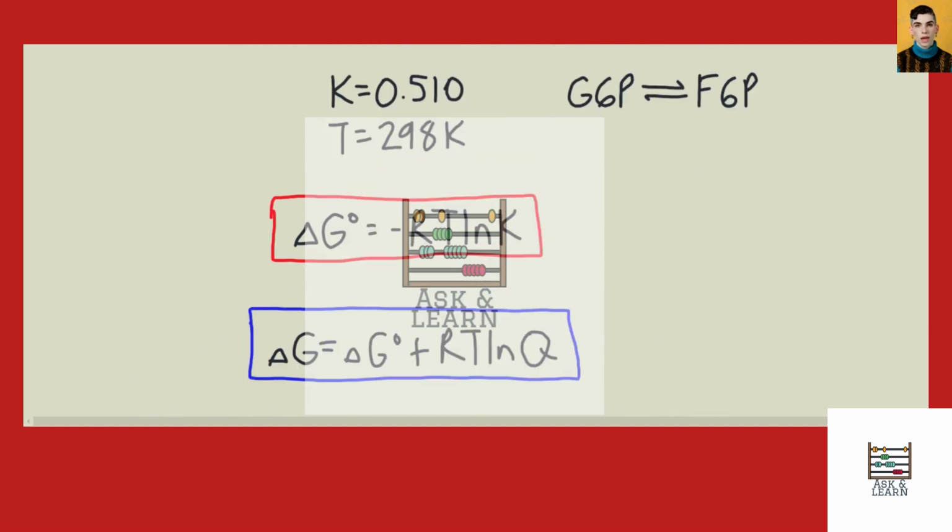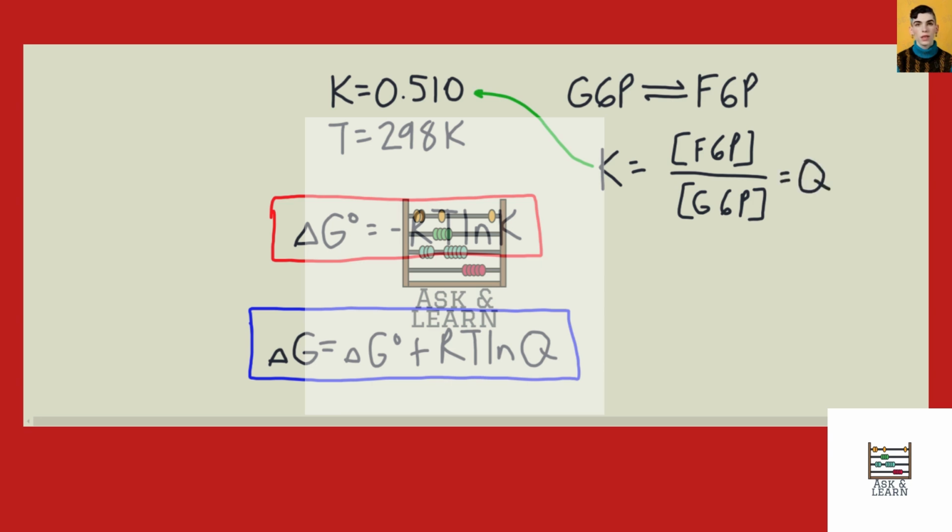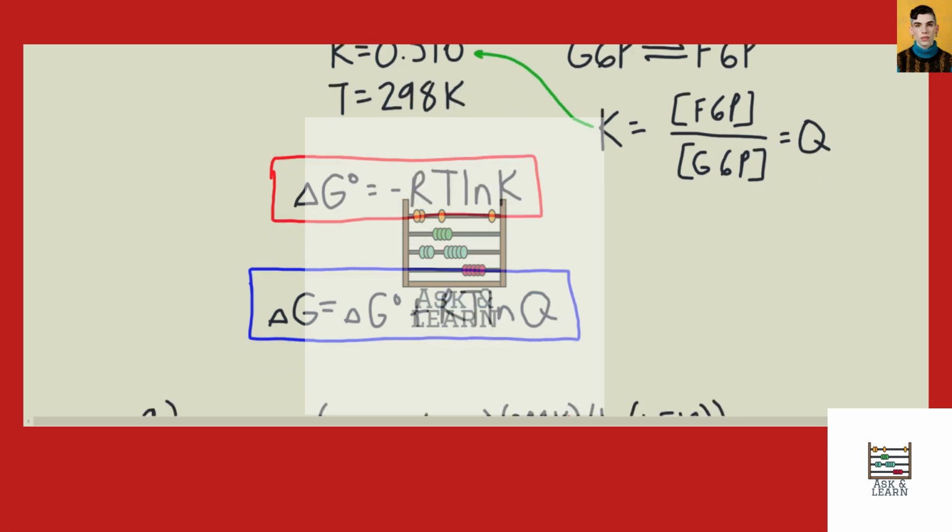We write out the equilibrium constant expression. We see that we need the concentration of the product, which is F6P, divided by the concentration of the reactant, which is G6P. And when K is equal to this value, then we are at equilibrium. But in part B, it's not equal to that value, it's equal to 10. So that represents Q, the reaction quotient in this case.